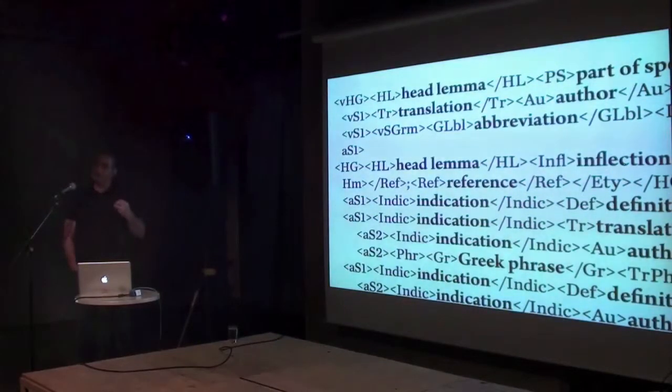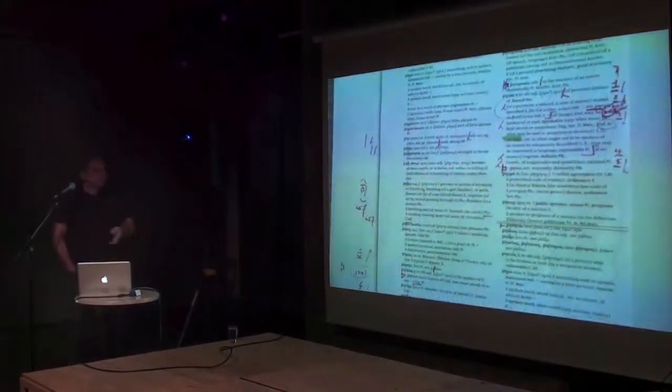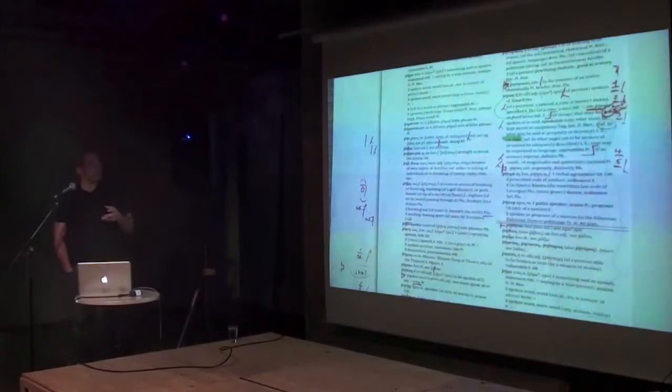But I had some idea of, let's say, the parts of speech for this dictionary. And then we started testing. It's really interesting because through this kind of proofing you see which bits are missing in the system.